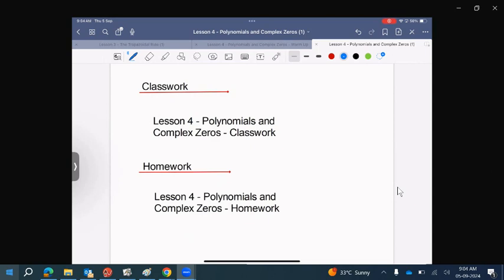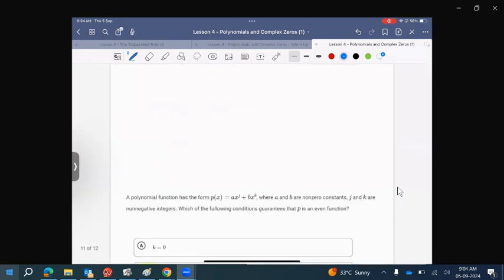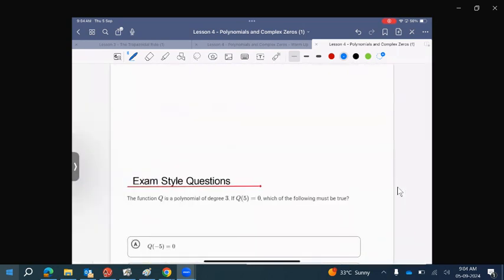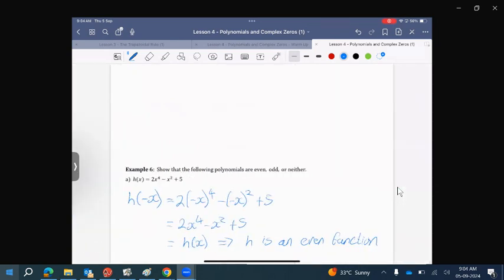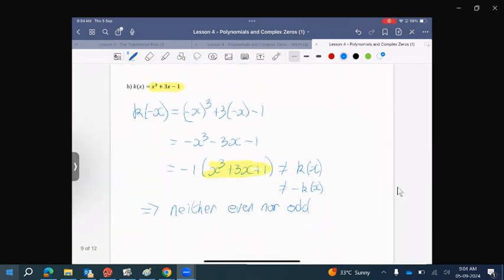Can you show this slide again? What's the question? On the AP website, it says, will there be practice for these questions?